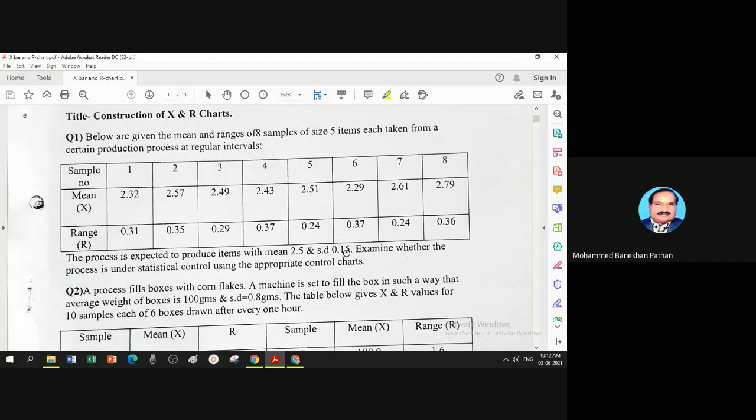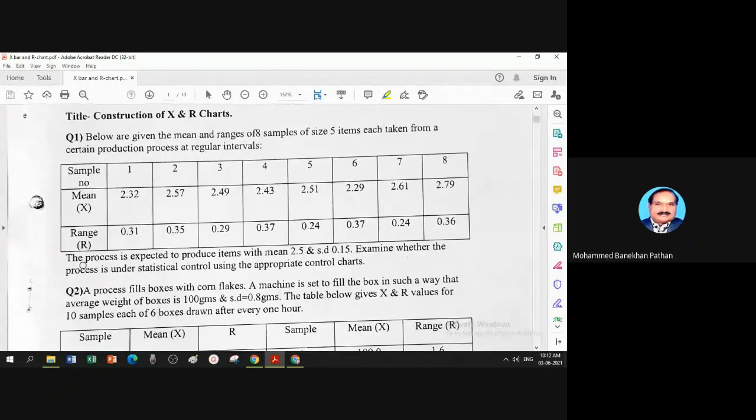So you have to construct the limits by case 1, then plot the chart, and after drawing the chart, plot these points, and then you make a conclusion whether the process from which this sample data is selected is under statistical control or not. So let us see how the work is done.